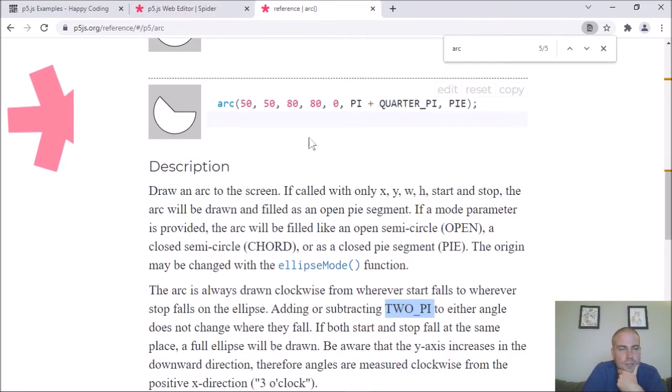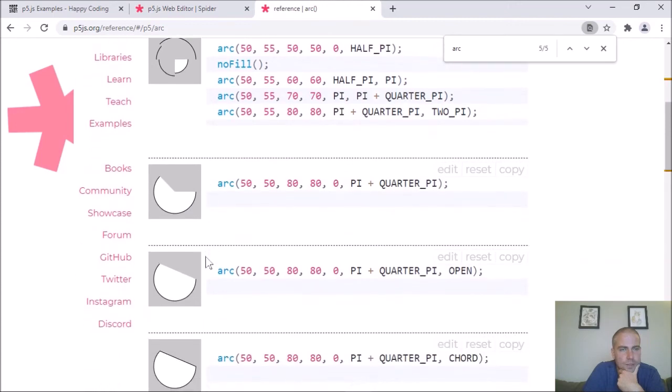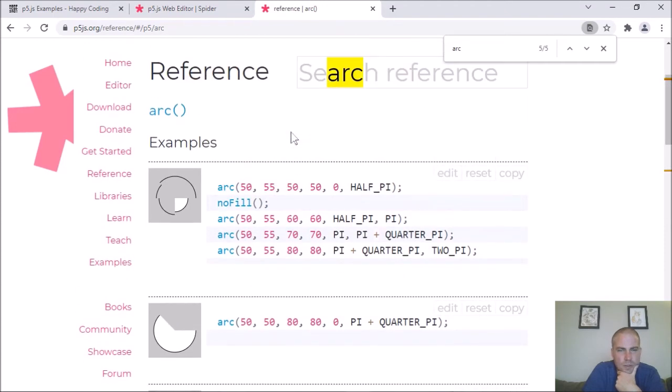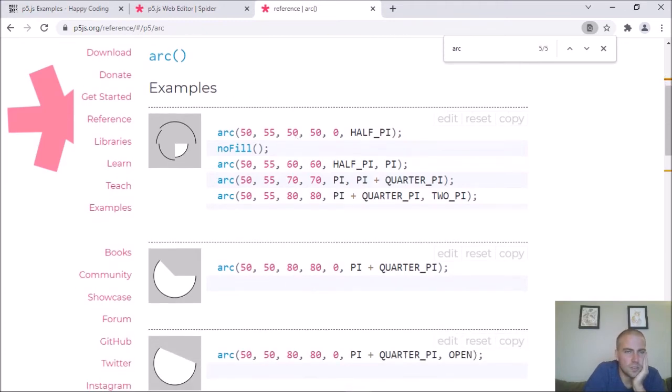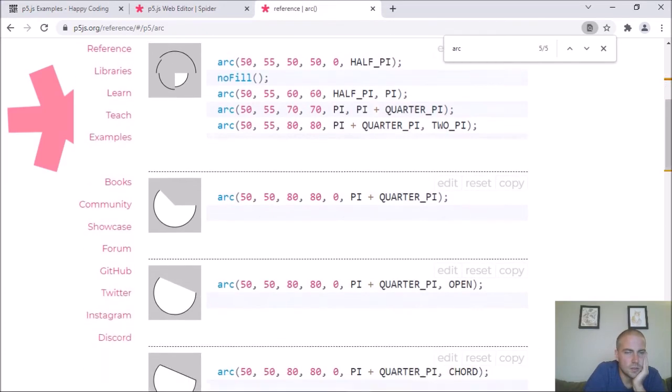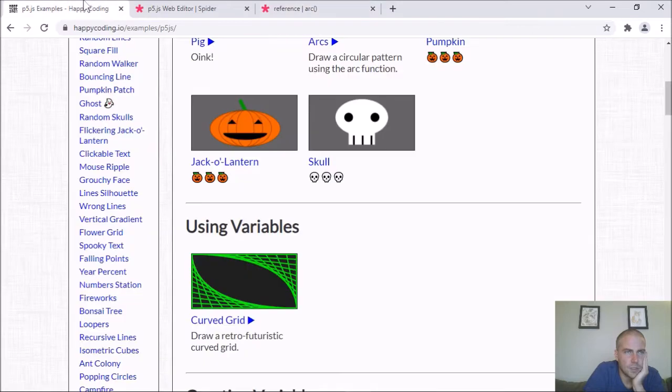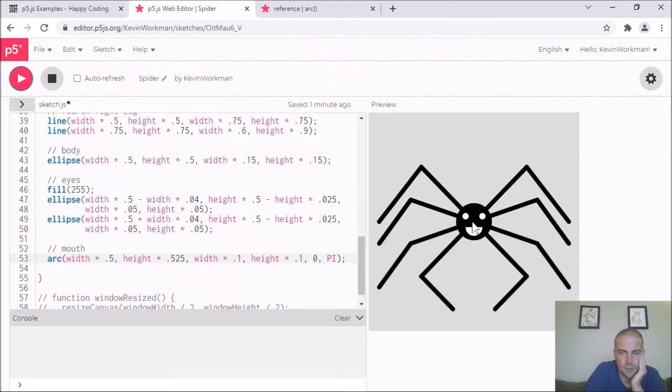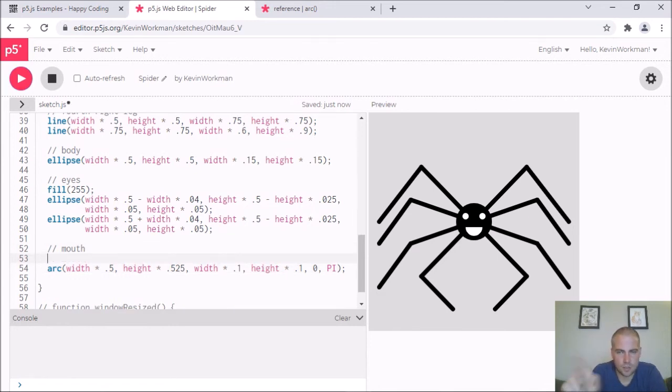Another thing I might play with is the arc mode, I think it's called, or maybe it's just no fill. So I'm kind of thinking, instead of having it be this filled in color, I want it to be just the line part. So what do I do? What if I do no fill here?